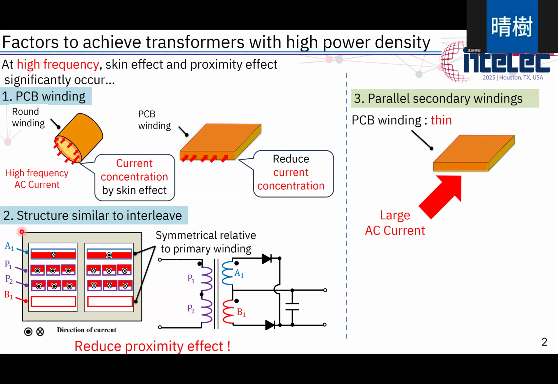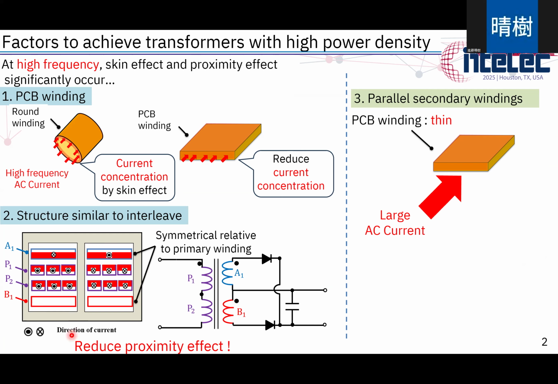And the second is a structure similar to interleave. And this is a cross-section of this center type transformer. A1 and B1 are secondary windings, and P1 and P2 are primary windings. And the secondary winding is arranged symmetrically relative to the primary windings.